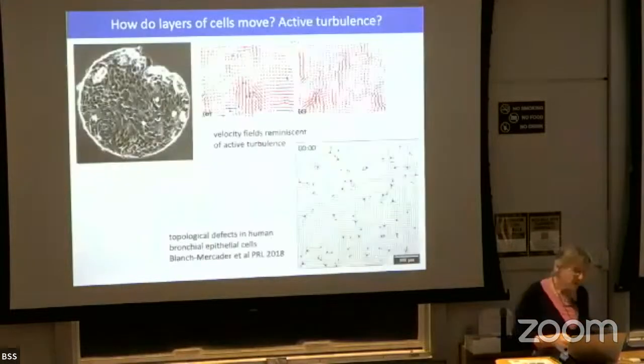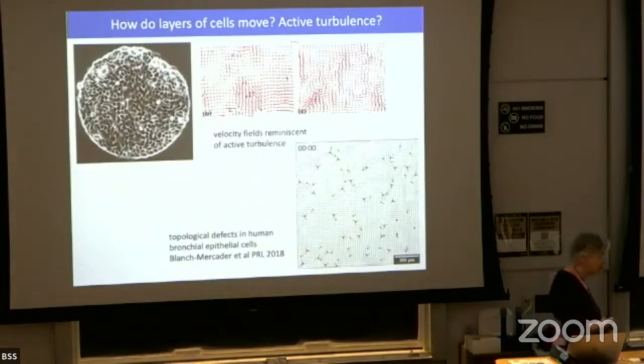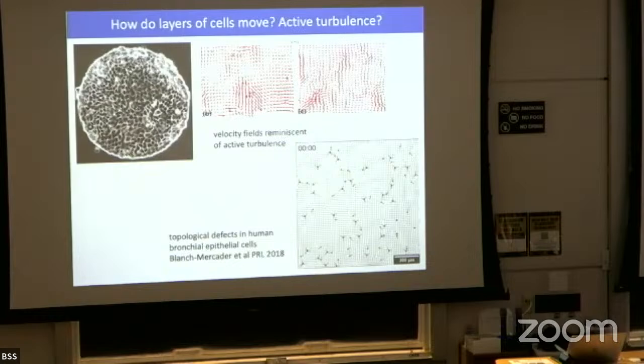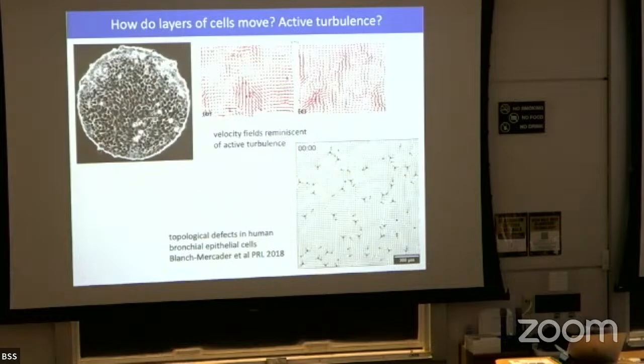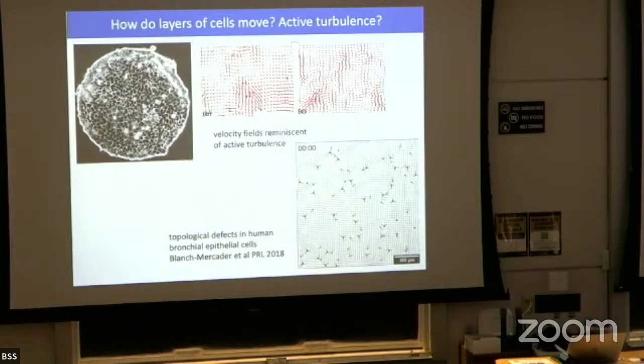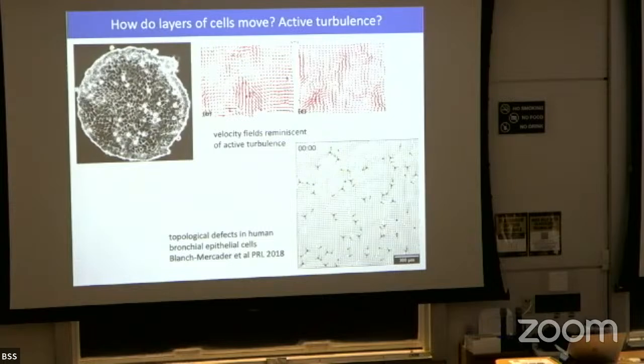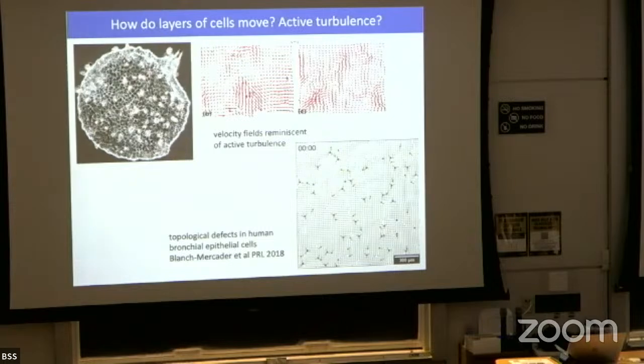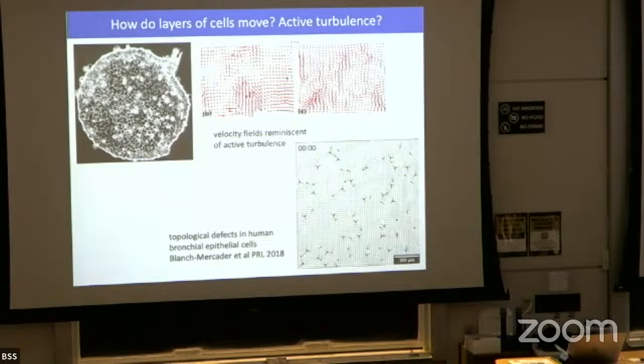These things also sometimes show active turbulence. Okay, so why do I think this sort of jiggling around? Why am I calling it active turbulence? Just sort of cells randomly jiggling around. Okay, so I'm going to go through some of the evidence now why I think this stuff is like active turbulence.